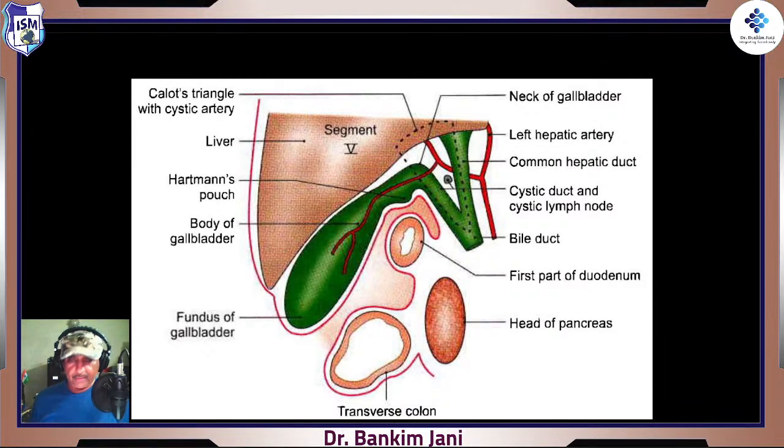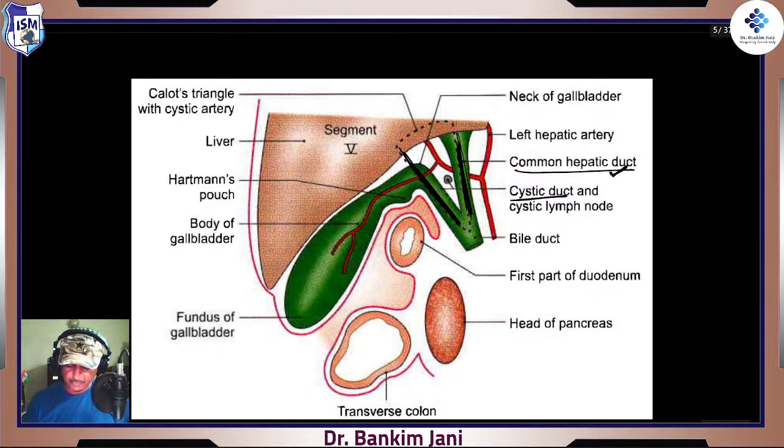Now this figure is really very important. Watch for the first part. We understand this common hepatic duct. Yes, this is good, right? Common hepatic duct. And we also know the cystic duct. So that is common hepatic, and this one is cystic.